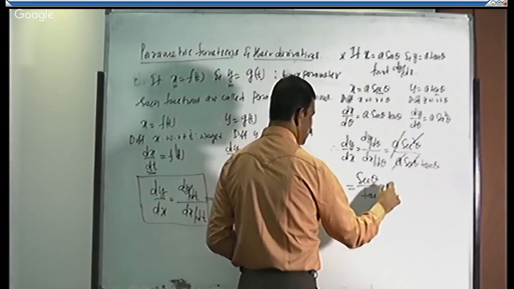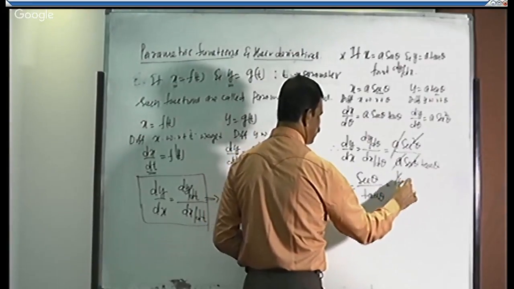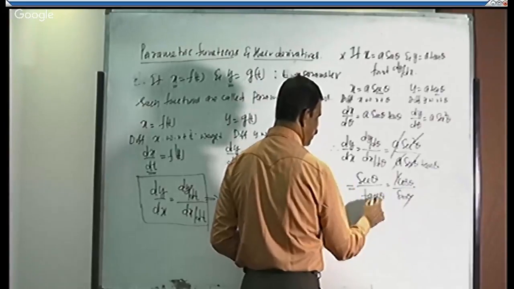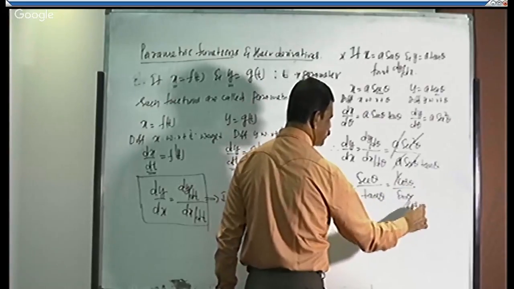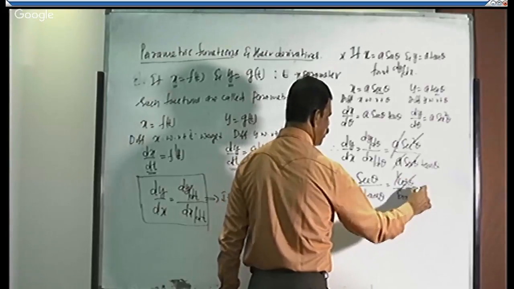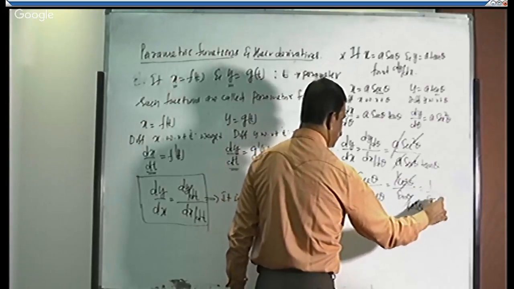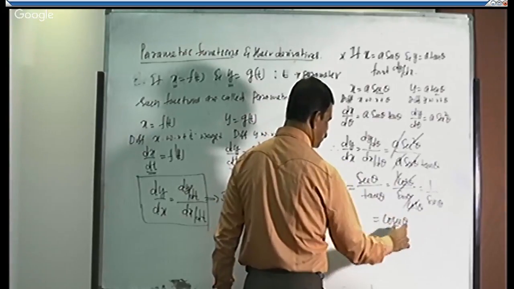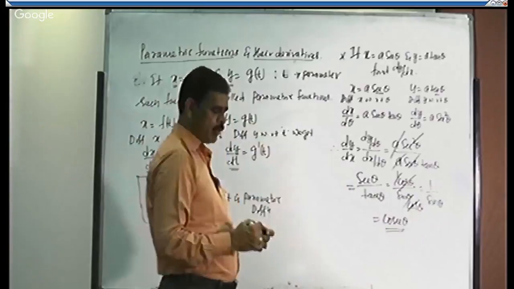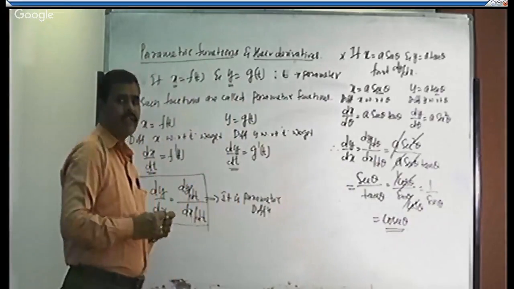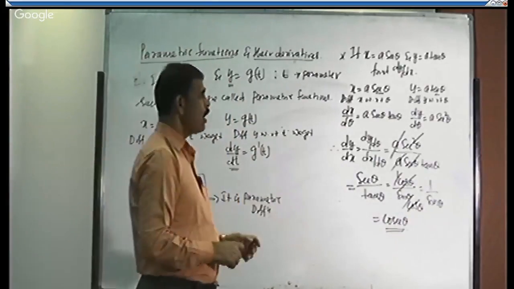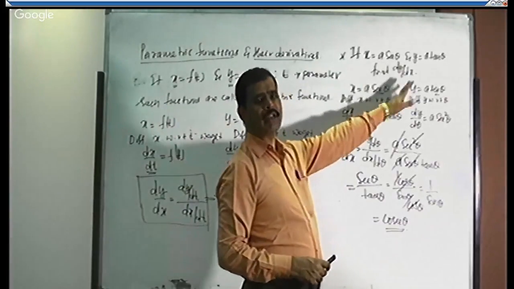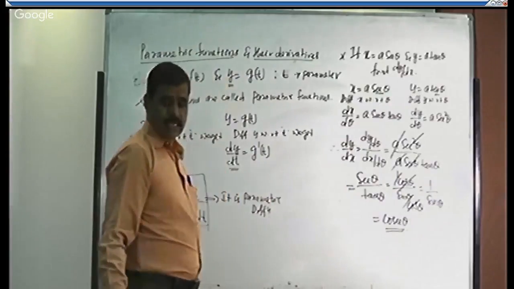Taking secant as 1 by cos theta and tan theta as sin theta by cos theta, cos cancels, giving 1 divided by sin theta, which is cosecant theta. So in this way, we find the derivative of parametric functions. It may be given in theta or it may be given in t.